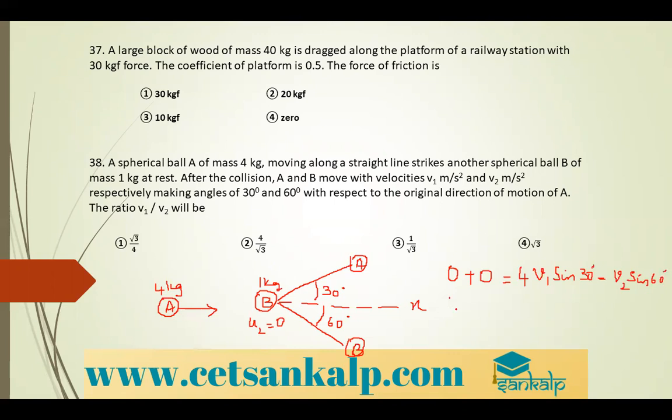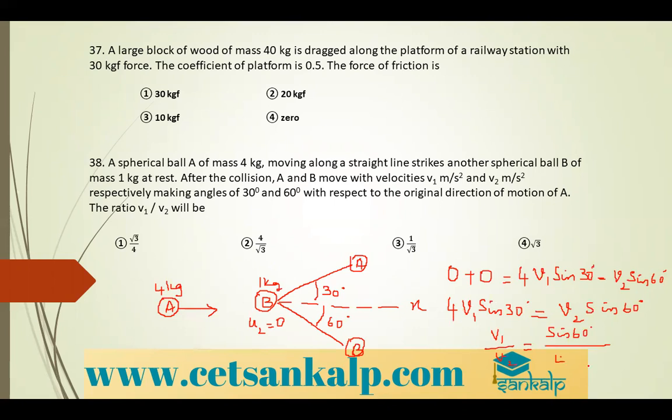So finally I can write 4v1 sine 30 degree is equal to v2 sine 60 degree.